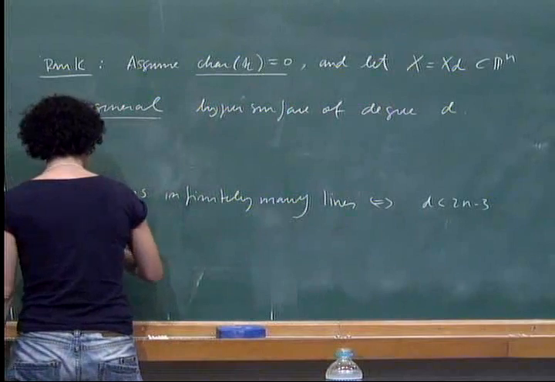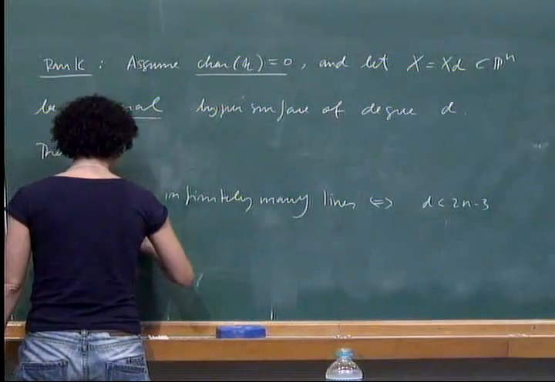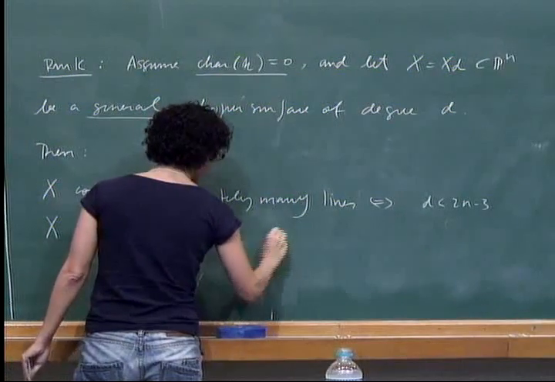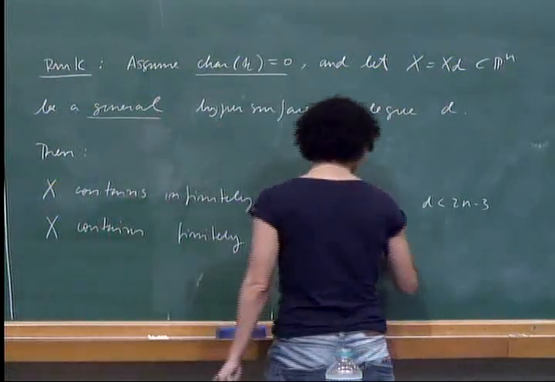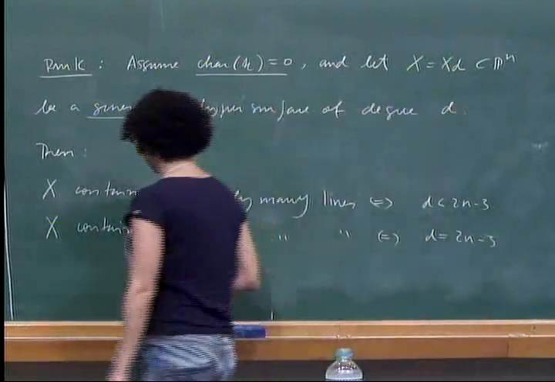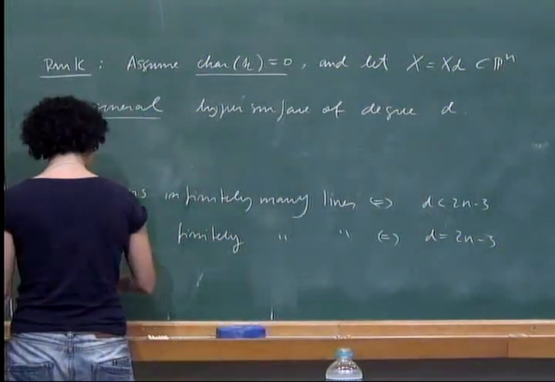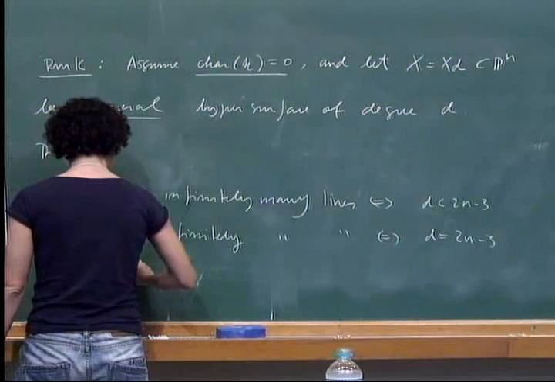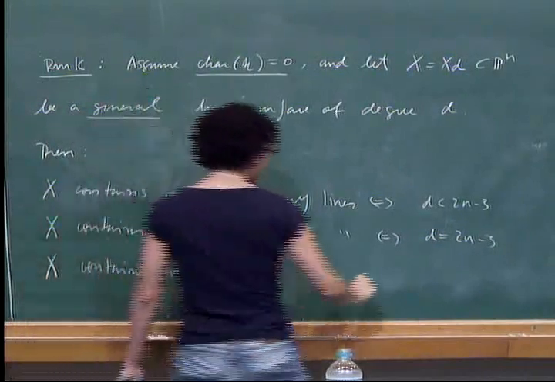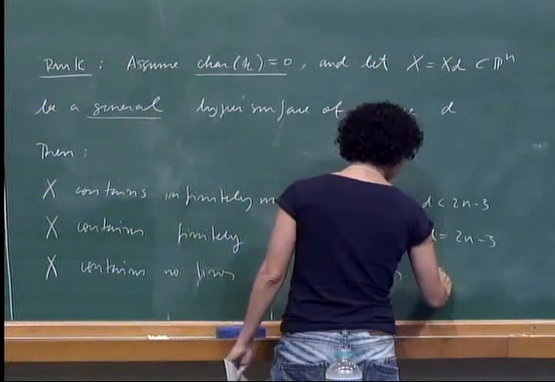X will contain finitely many lines if D is exactly 2n minus 3. And then X contains no lines when the degree is higher.